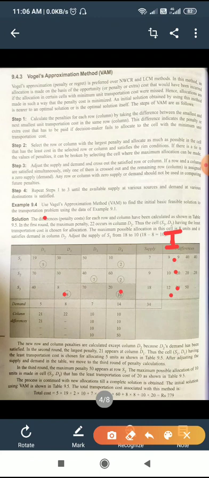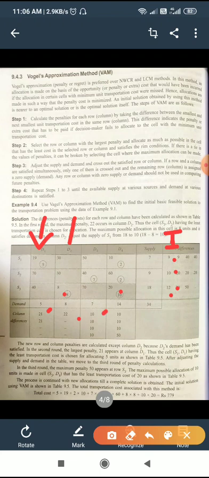Similarly, in the first column the two minimum cell values are 19 and 40, so the difference is 21. In the second column the two smallest values are 8 and 30, so 22. Next, 40 and 50, this is 10.